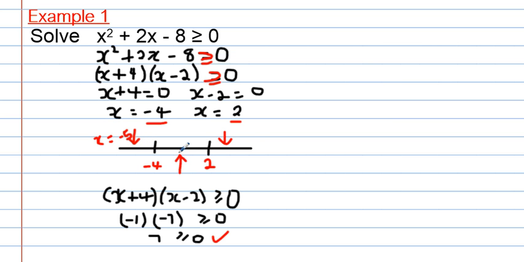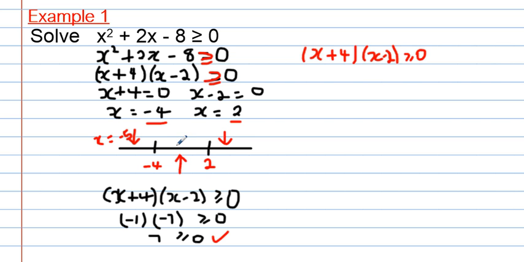If I choose a region in the middle, I'll write my quadratic factorized again. You have to test each region to see which satisfy your inequality, and that's when you will write the sign instead of equal to.